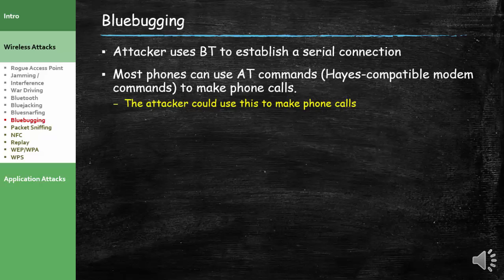In any event, you'd be able to use the device to make and receive phone calls without the person's knowledge. Now, like I said, this doesn't really work with the newer Bluetooth standards. Most newer versions wouldn't allow this to happen without the device being paired. But this was possible in previous times with Bluetooth.